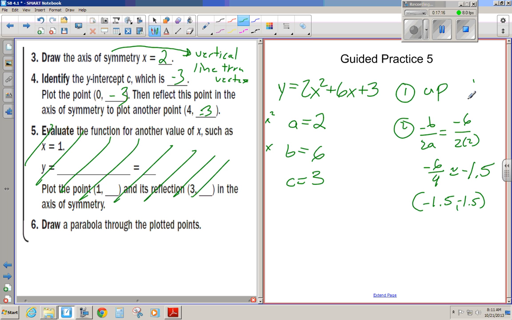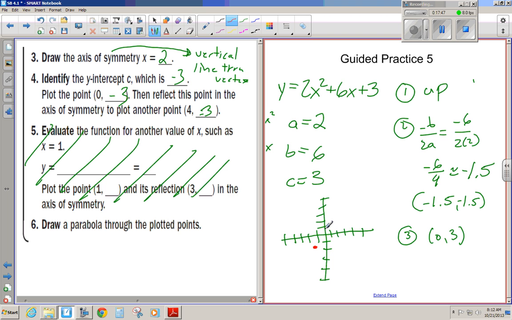All right, so you've got that it opens up. Here's the vertex. You need another point, which is 0, 3. And once you have all of that, you go ahead and set up your coordinate plane. Plot the point negative 1.5, negative 1.5.